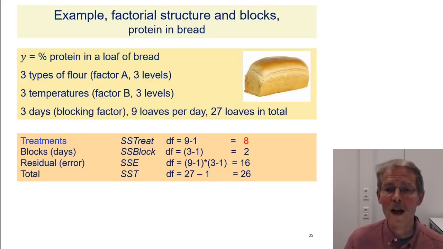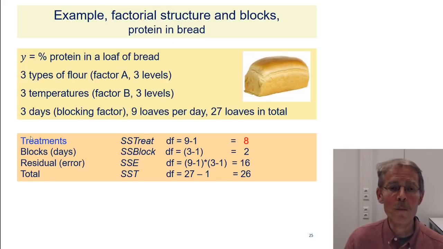So what have we got? Well, for the moment we take 9 treatments, the 9 combinations. So we have a treatment sum of squares with 9 minus 1 is 8 degrees of freedom. 3 days, days are blocks, 3 minus 1, 2 degrees of freedom. 27 loaves, so 27 minus 1, 26 degrees of freedom for the total. 8 plus 2 is 10, subtract from 26, 16 is what is left for the residual part, the error part.